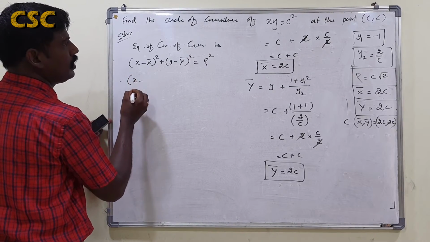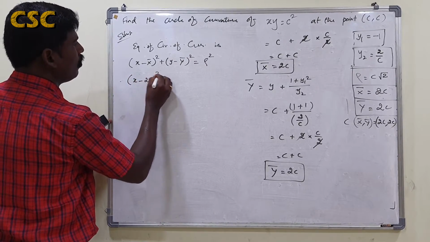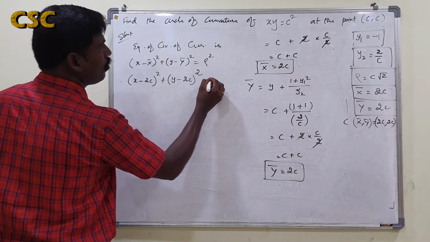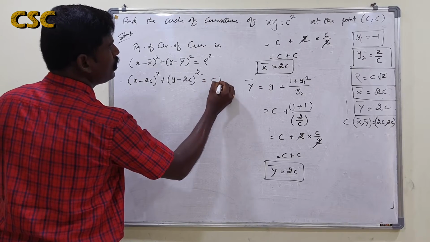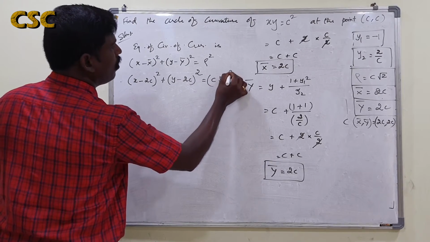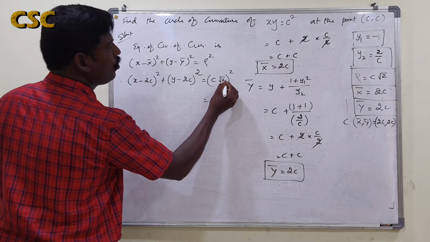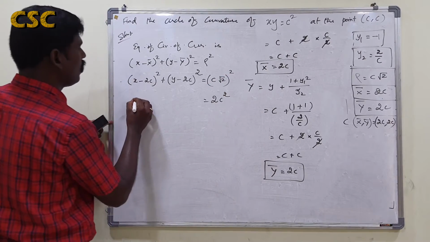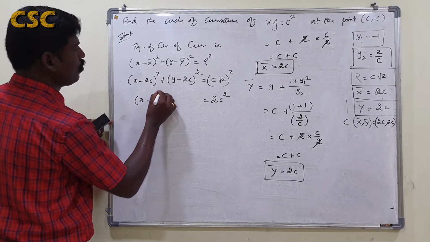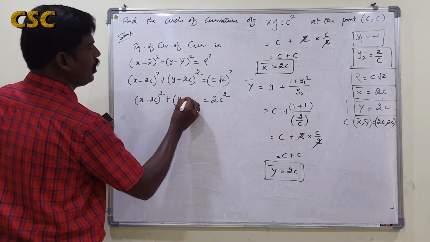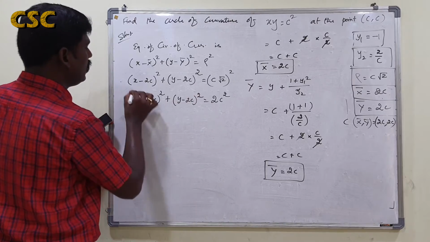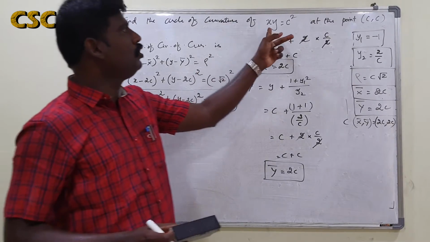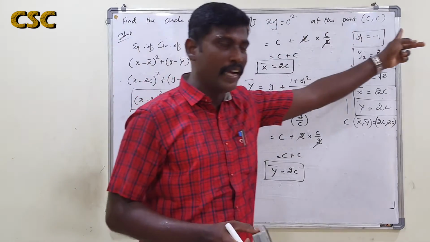So x minus, what is x bar? 2c the whole square plus y minus y bar, which is also 2c, the whole square is equal to rho, which is c root 2, c into root 2 the whole square. Squaring it, root 2 square will be 2. Square of c is c square, so 2c square. So x minus 2c the whole square plus y minus 2c the whole square equals 2c square is the equation of circle of curvature to this curve xy equal to c square at the point c comma c.